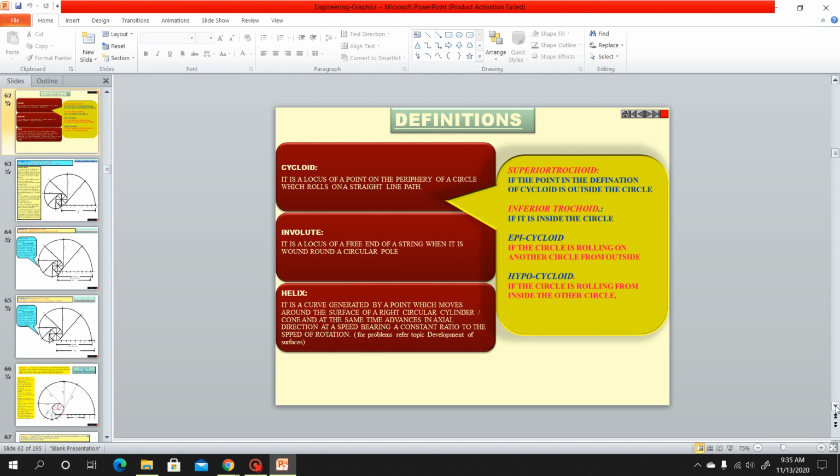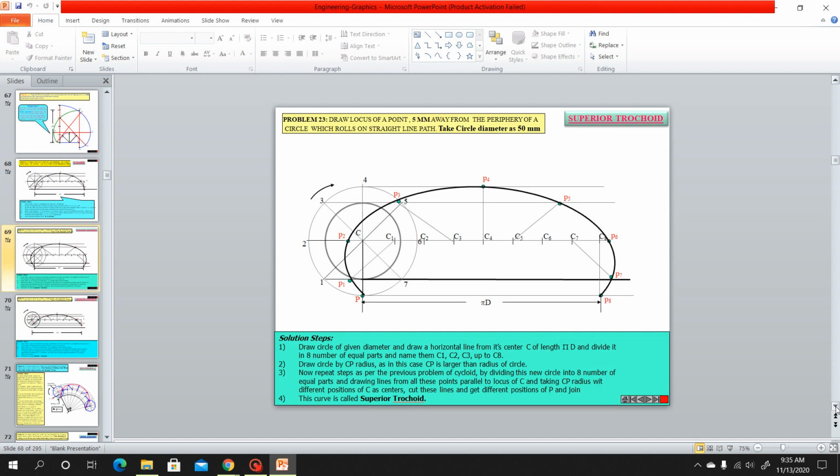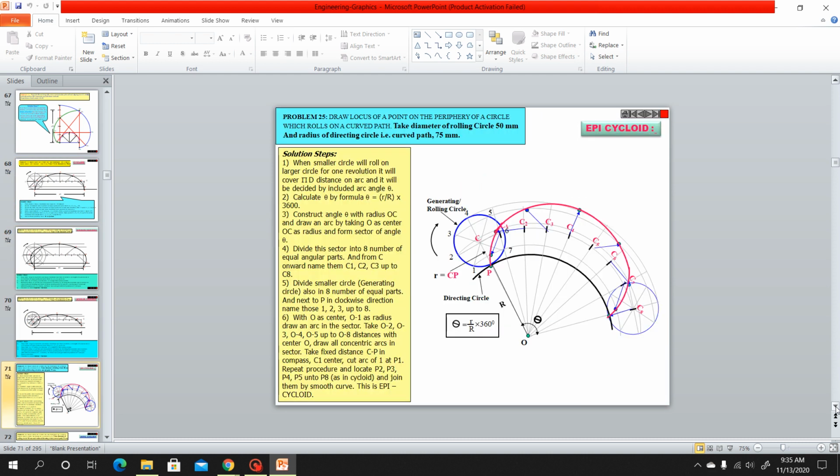Before starting the construction part of these curves, first let us understand what an epicycloid is. If you remember, in the last class, I told you how you can get a cycloid.